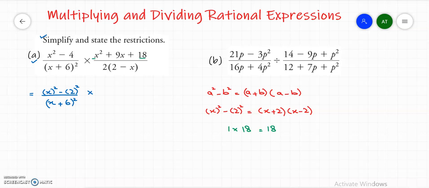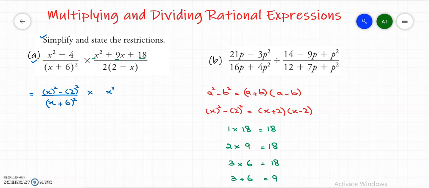I need to break the middle term, that is 9. We need to factorize 18. So 2 times 9 is also 18, and 3 times 6 is 18, and 3 plus 6 equals 9. So I can break the middle term with 3 and 6. So let me do it.